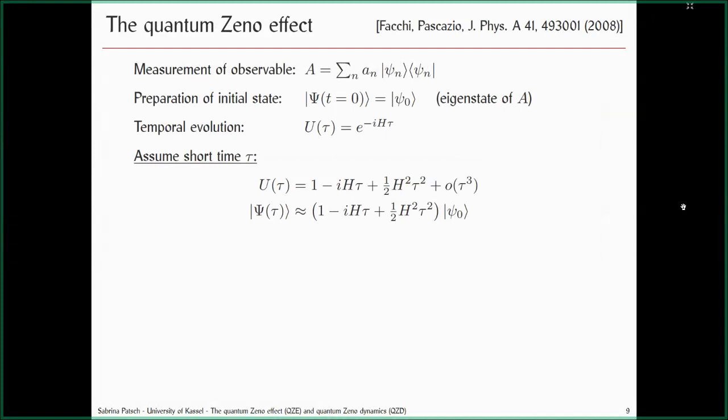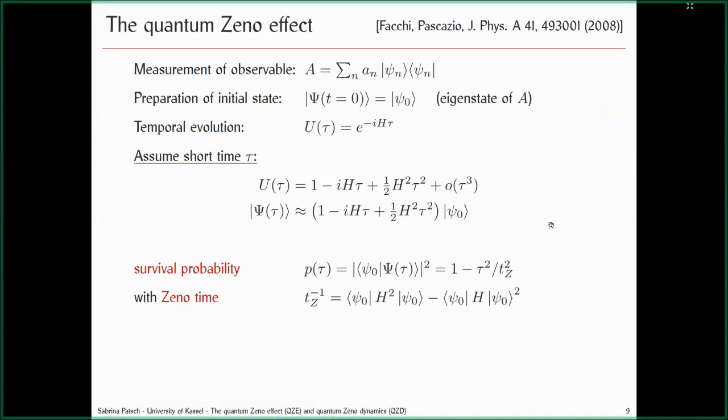That means that we can expand the unitary operator in orders of the exponential function. For instance, here we have the second order. So the unitary is not an exponential function anymore, but we have an expression including the 1, the h, and the h squared. Then we can apply this unitary operator onto our initial state, in the line below.